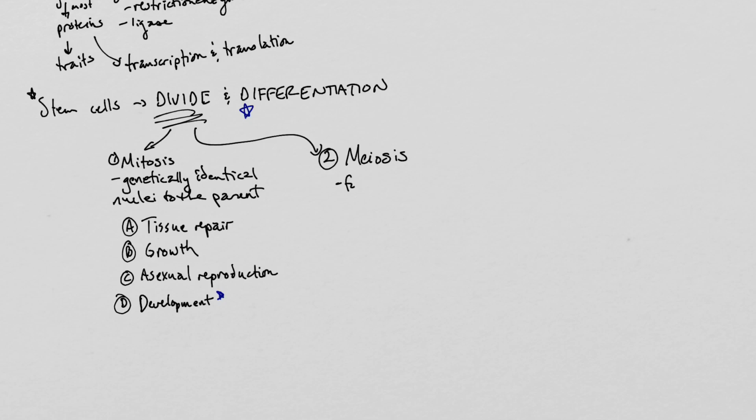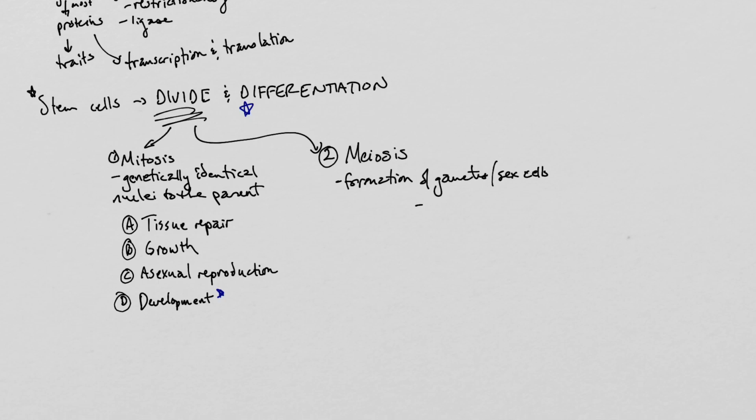This is the formation of your gametes, or your sex cells. And these include your sperm or your eggs. And these cells that are produced have half the number of chromosomes as the parent cells.